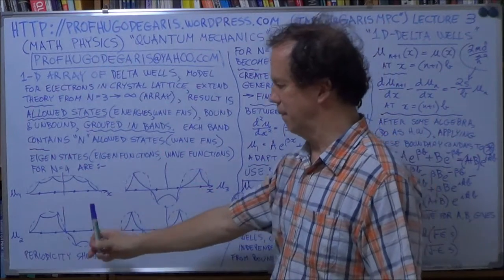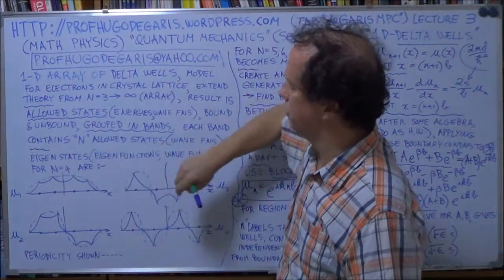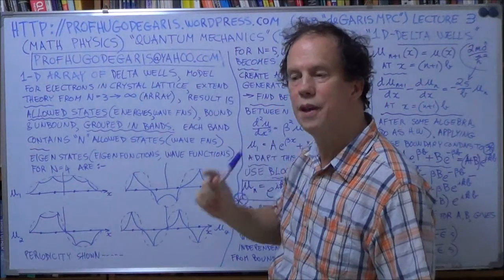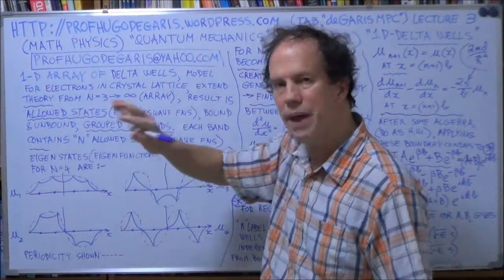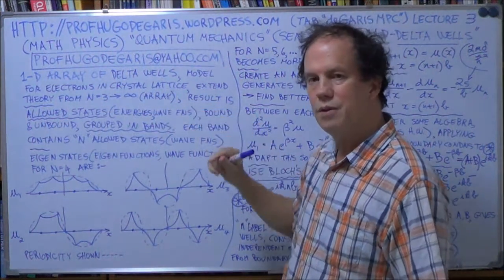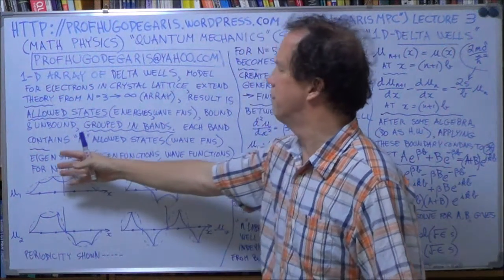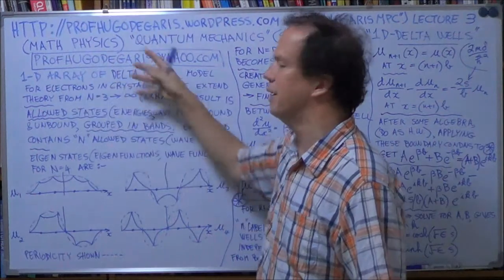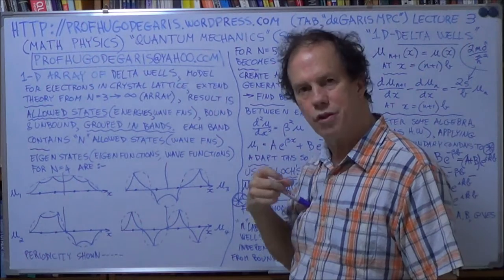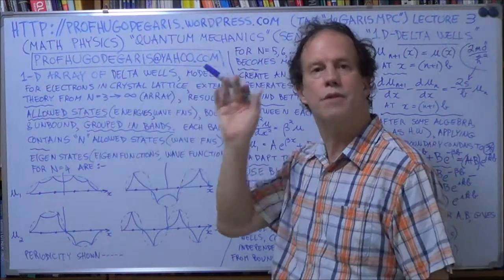You get a band of allowed energy levels, then a blank, another band where no energy levels are allowed, a disallowed region, and then another band opens up where you can have allowed energies, and so on. So you get allowed band, forbidden band, allowed band, and so on. That phenomenon is what makes the use of transistors possible. These forbidden regions and allowed regions, or bands, as they call them.